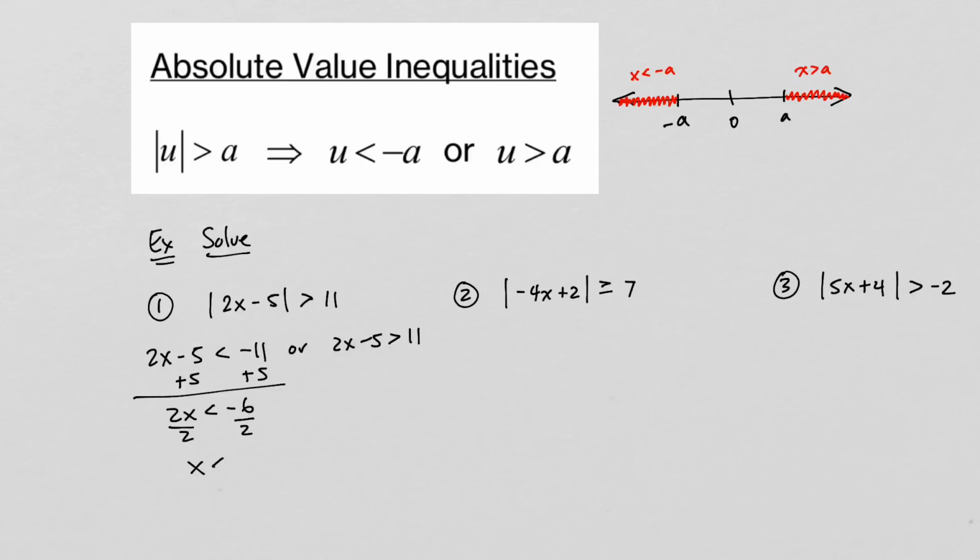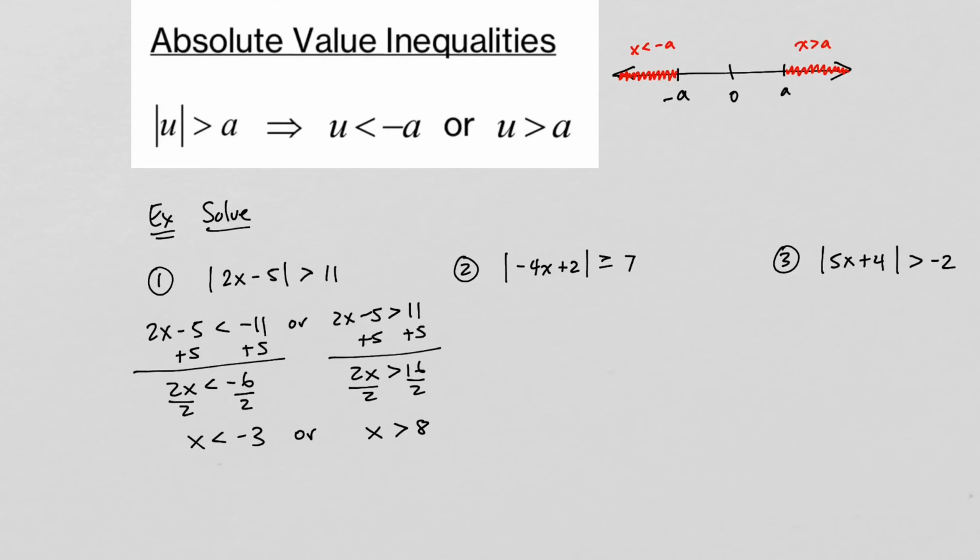And so that first inequality becomes x is less than negative 3. And then solving the second one, we end up getting x is greater than 8. So the solution is either x is less than negative 3 or x is greater than 8.